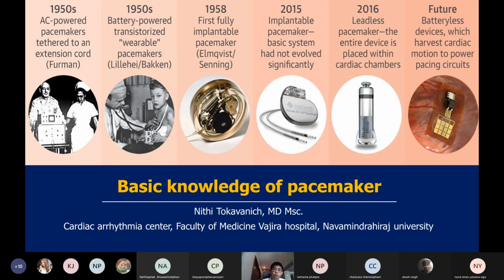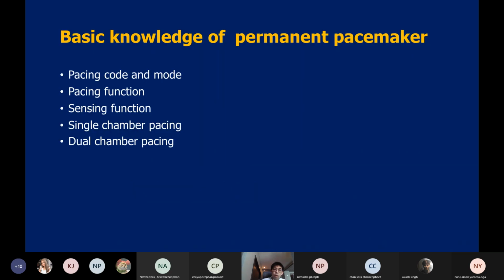Okay, so start with the topic, the basic knowledge of the pacemaker. The outline here is what you have to know about a permanent pacemaker. The first topic is about the pacing code and the mode. The second topic is pacing function.